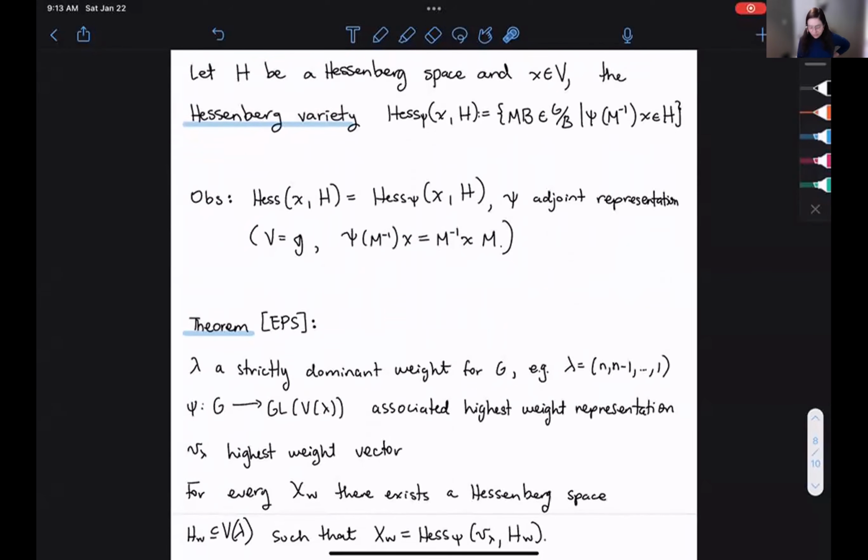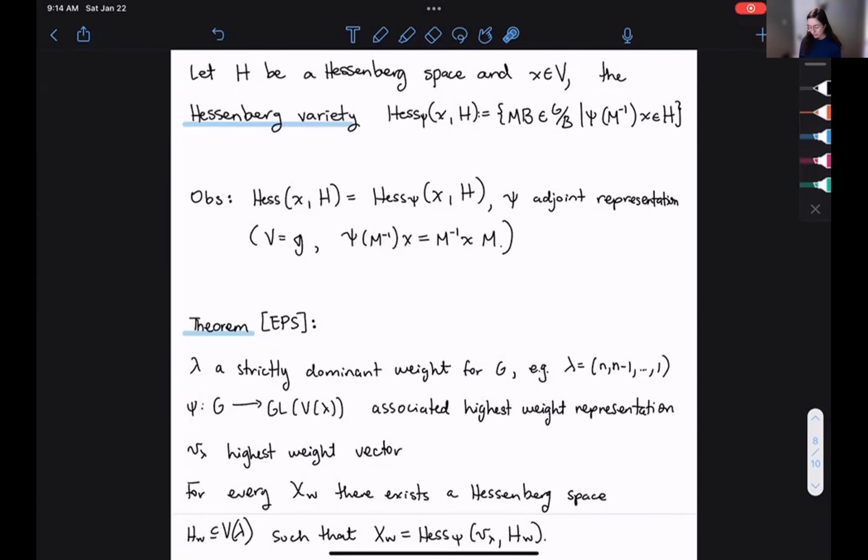So our theorem in this case is, let me show you. If we start with a strictly dominant weight for G, and if we think about type A, we can make lambda be n minus 1 all the way down to 1. Then the dominant weights of G are in one-to-one correspondence with irreducible representations of G. So in particular, this lambda is going to have a representation associated to it.